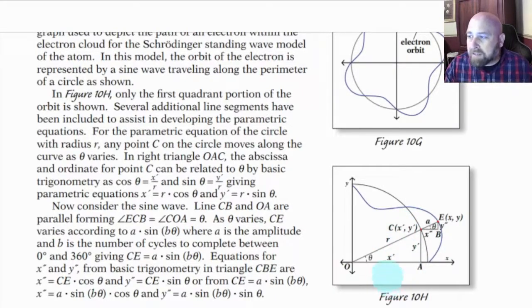What does x prime, y prime mean? Well, your x and y are here on the electron orbit. If you see, the blue line is the electron orbit, and the E point is where your rotated theta, where this line touches the electron orbit. That's the XY point.